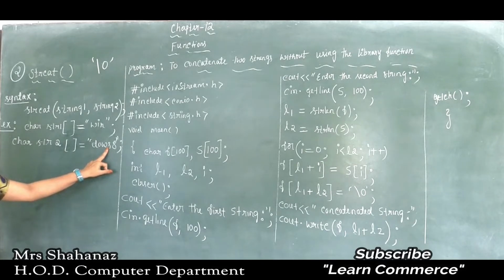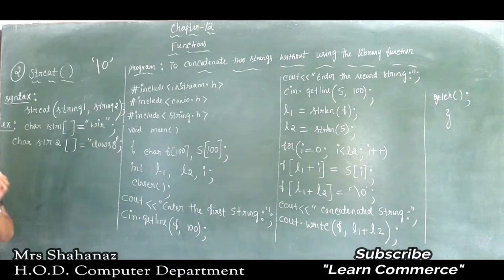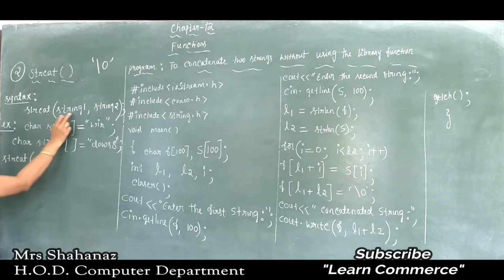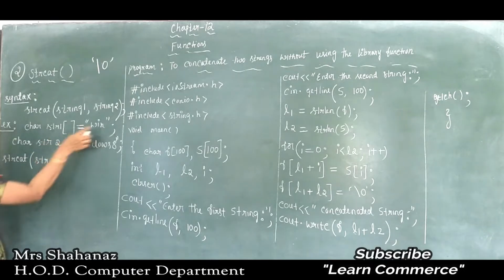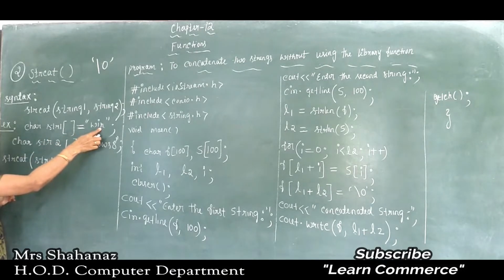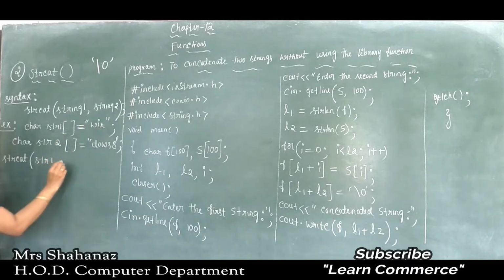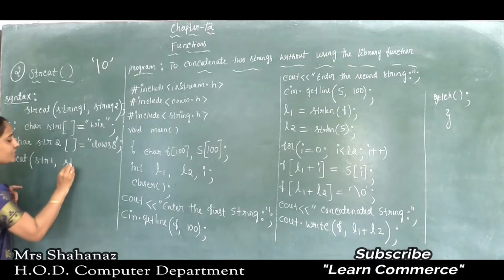Now we are going to combine them together, and that is called strcat. So how is it going to combine? Before combining, we need to use the syntax of strcat. So string 1, that is our str1, which is equal to WIN, and next is str2.